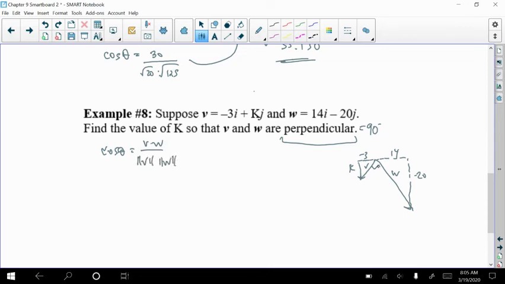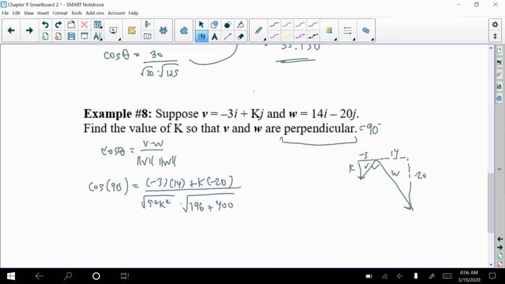And so then I know I want cosine of 90 degrees is equal to, so the dot product, so look at -3 times 14 plus K, that coefficient, times -20, all divided by the magnitude of V, so the square root of -3 squared is 9, plus K squared, times 14 squared, I believe, 196, plus -20 squared, 400.